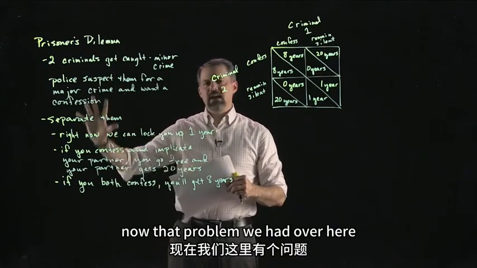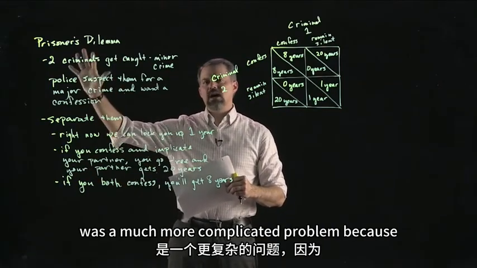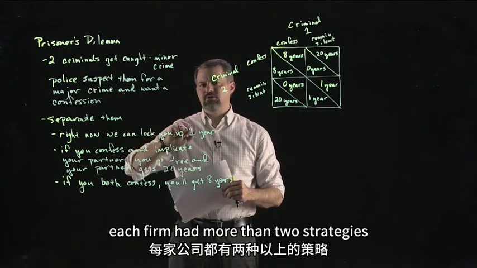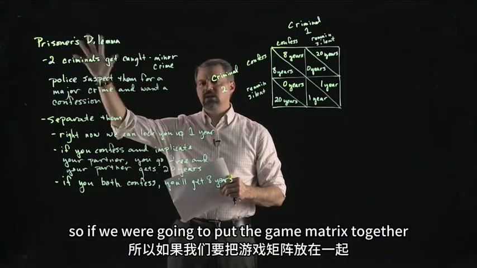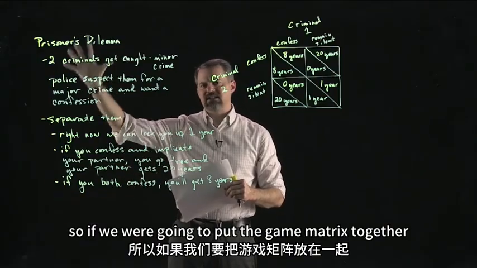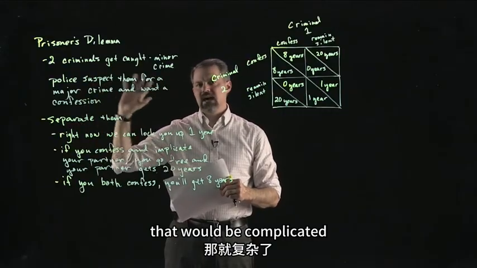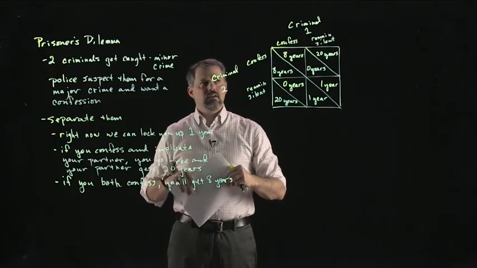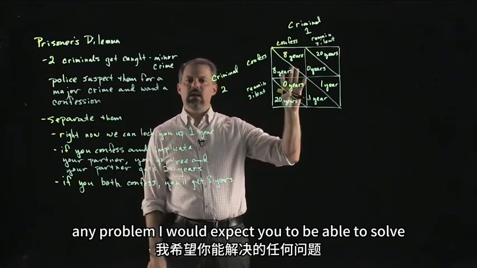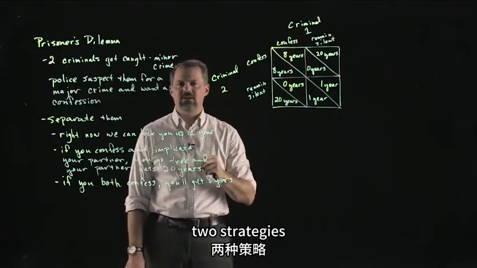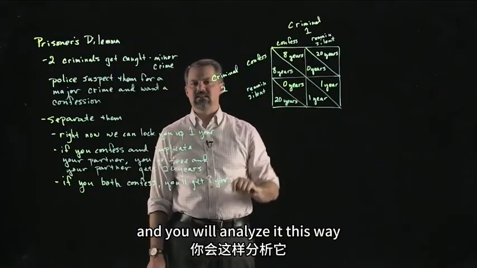Now, that problem we had over here was a much more complicated problem because each firm had more than two strategies. So if we were going to put the game matrix together for that two firms selling water problem, that would be complicated. Any problem I would expect you to be able to solve on a homework or a test, we're going to have two players, two strategies, and you will analyze it this way.